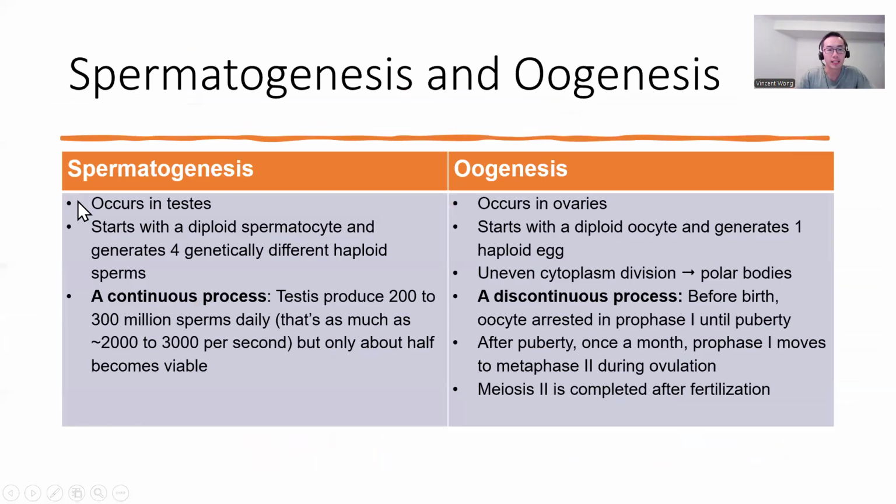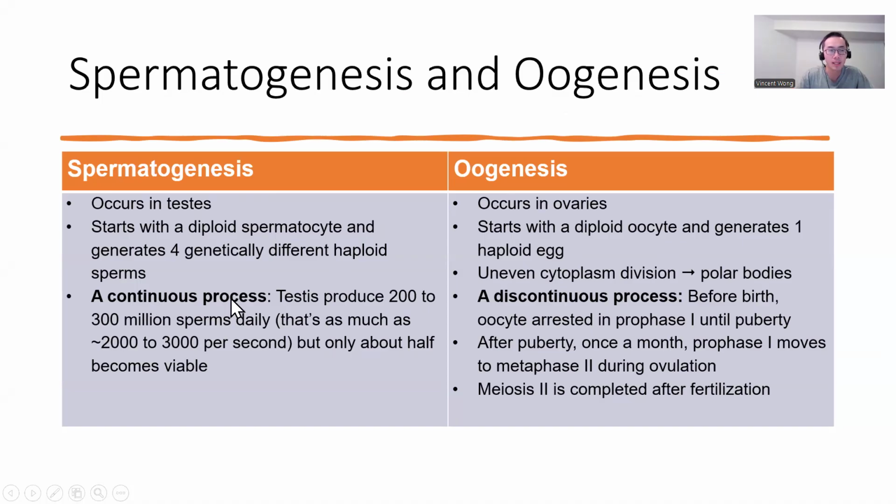Couple other differences. Spermatogenesis occurs in the testes. Oogenesis occurs in the ovaries. We talk about how we start with a spermatocyte becoming four different sperm cells, but for an oocyte, it will just give one haploid egg. We talk about the uneven cytoplasmic division, which is going to give you the polar bodies. And lastly, spermatogenesis is a continuous process.